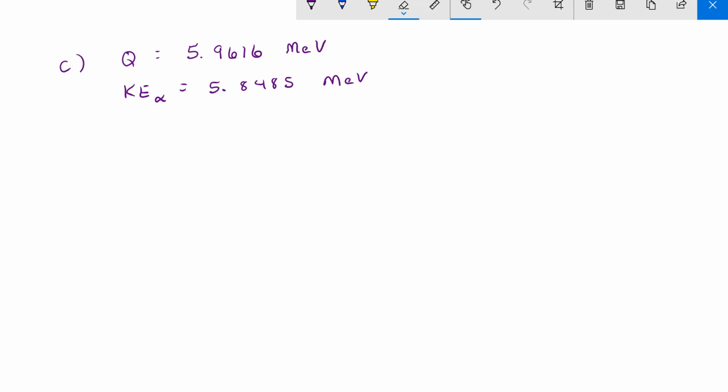The last question, what is the kinetic energy of PO, is actually very simple now after doing all that other work in part B. We know what Q is, we know what KE alpha is, and Q is equal to KE alpha plus KE PO. So now we just plug in some numbers and we get an answer.